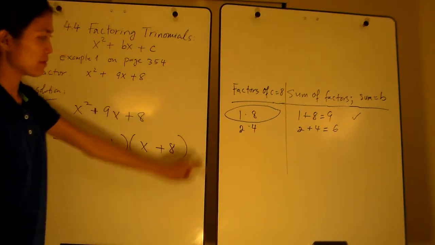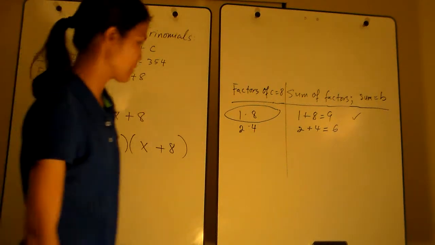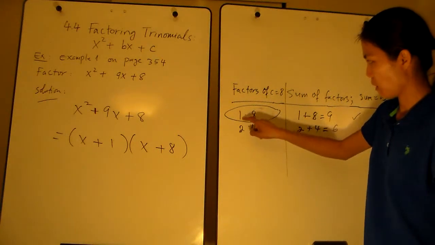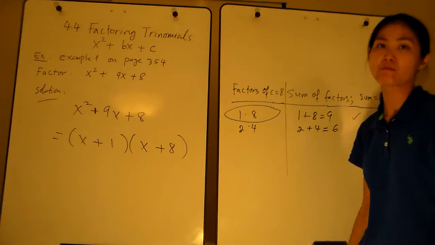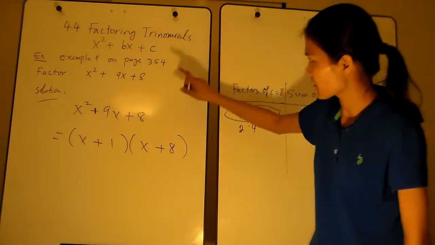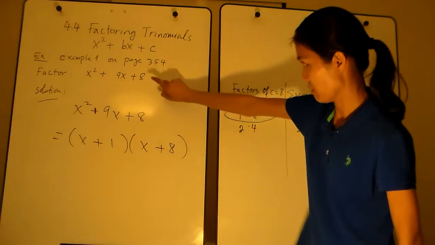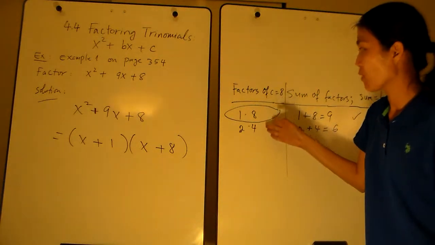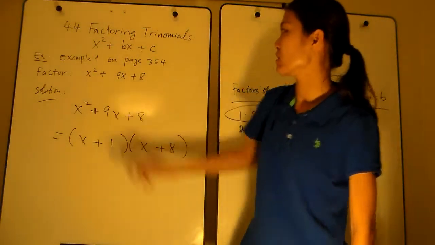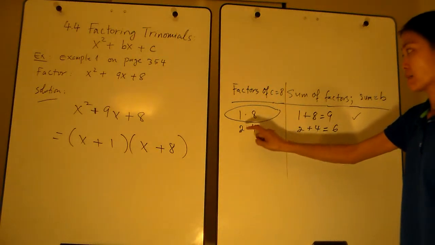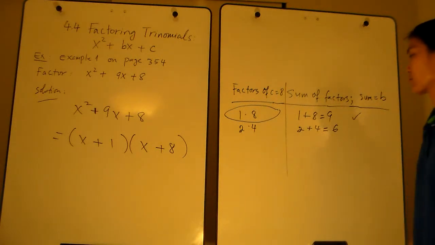Okay? So this is how you factor this trinomial, x squared plus 9x plus 8. Find all the possible factors of c, and you know that 1, 8, 2, 4 are positive numbers because the sign of c, which is 8, is positive. Because the sign of c is positive, that means the factors you get will have the same sign as b, and the sign of b in this case is positive. That's why 1, 8, 2, 4 are all positive factors.